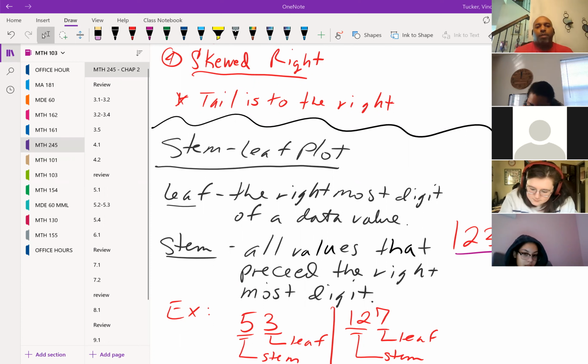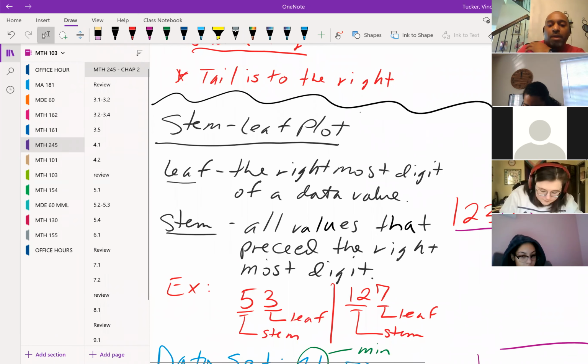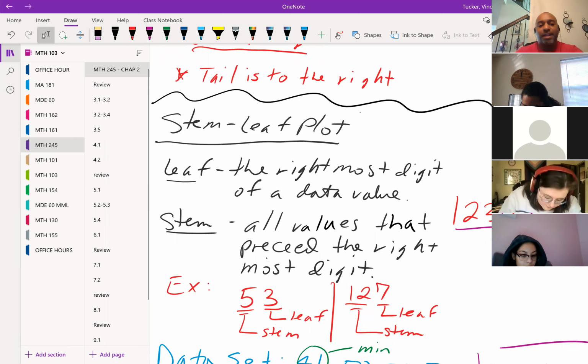All right. So your stem leaf plot, your leaves will be the rightmost digit of your data value. And then your stem will be all the values that precede that rightmost digit.